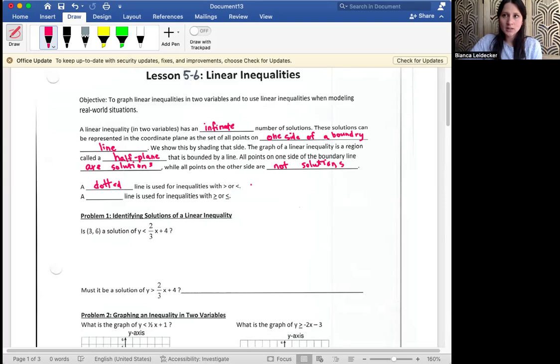So dotted does not include the actual points on the line. A solid line is used for inequalities with greater than or equal to or less than or equal to. So when you see a solid line, that includes drawing any point on the line itself.